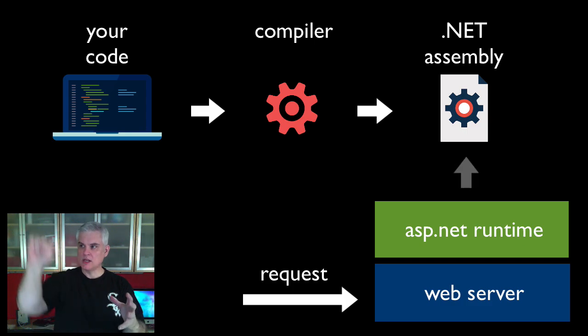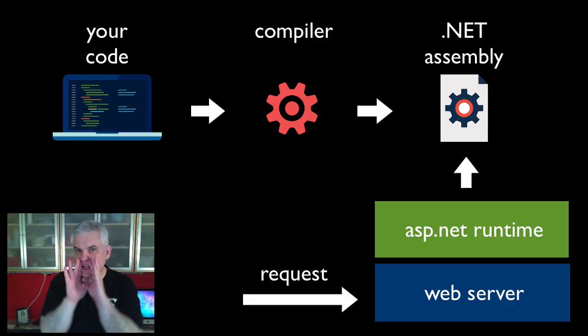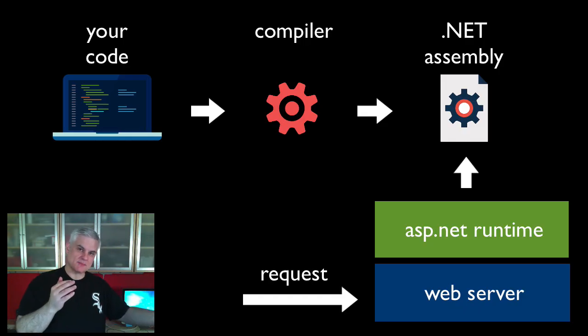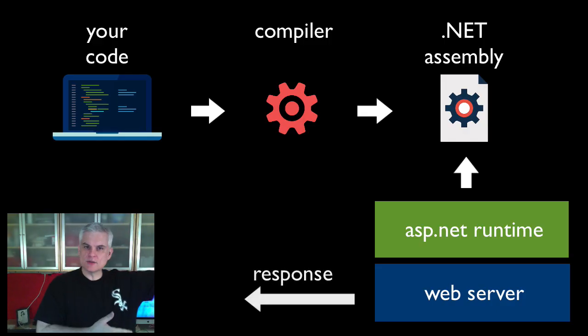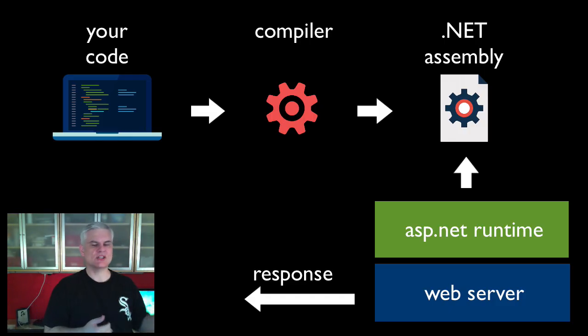ASP.NET will bring our DLL, our assembly, into play, and will say, I need the definition for default.aspx. And our code will execute and say, here's what you need. And then ASP.NET will give it back to the web server, and the web server will send it back on its way to the end user's web browser. Okay, so that's at a high level the interaction that takes place.